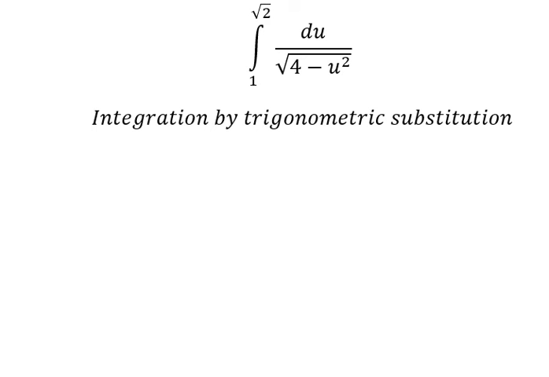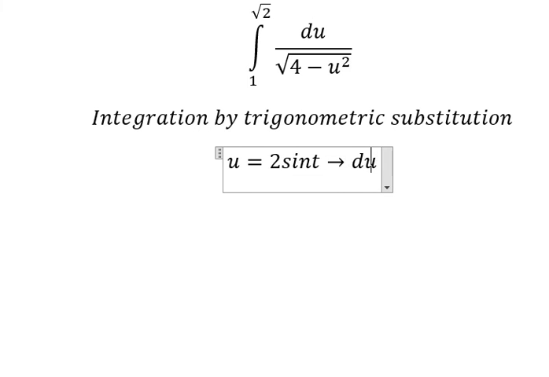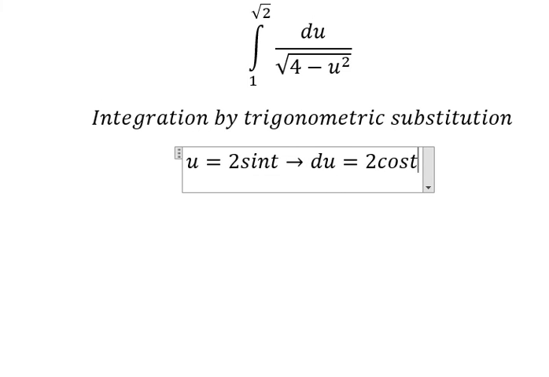So I will put u equals 2 sine t, because if I put this one on here, we have 4 sine t square, 4, we can do factorization. 1 minus sine t square, we change to cosine t square, and later that we simplify the square root and du. Du we have 2 cosine t dt.